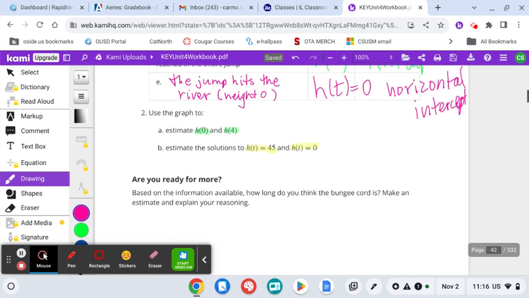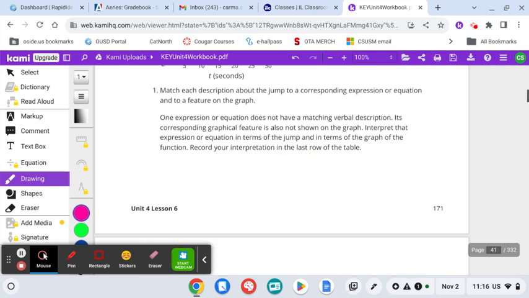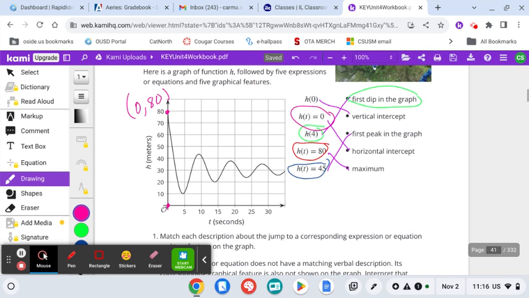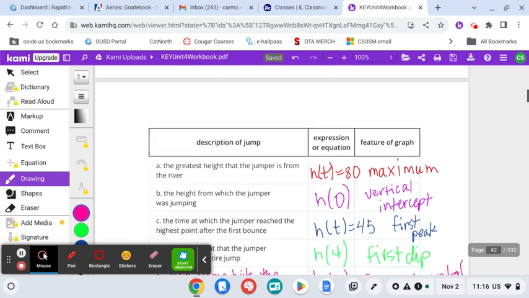So we just write h of 0 equals 80. Then what's h of 4? Let's go look on the graph. When x is 4, what's my y? So I go out to 4, I go up to my graph, and it looks like y is about 10. If it helps you to write 4, 10 and see that when the input is 4, the output is 10, feel free to write that coordinate pair.